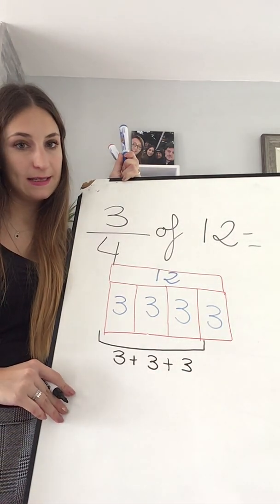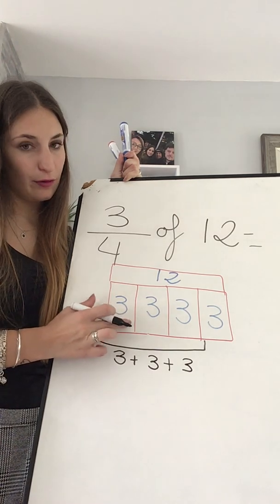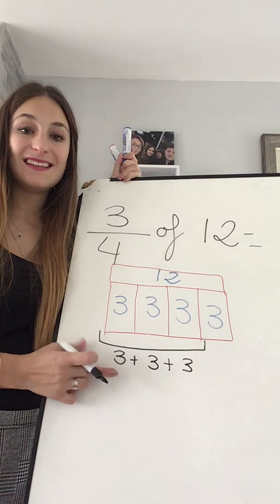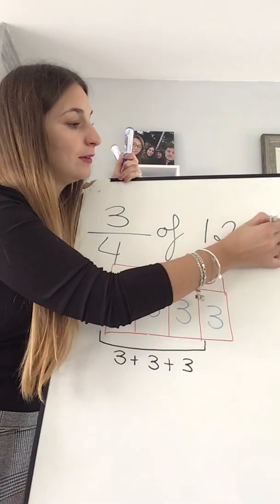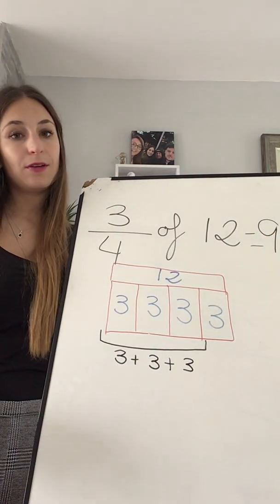So what is 3/4 of 12 like this? 3, 6, 9. Well done. The answer is 9. Okay?